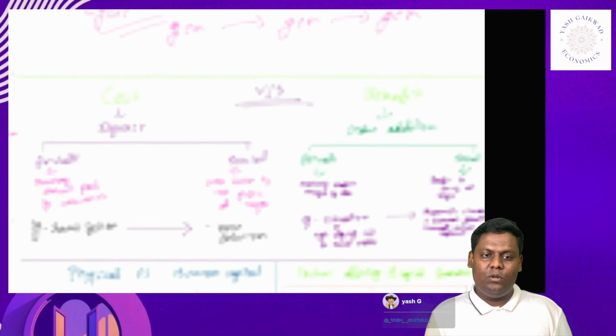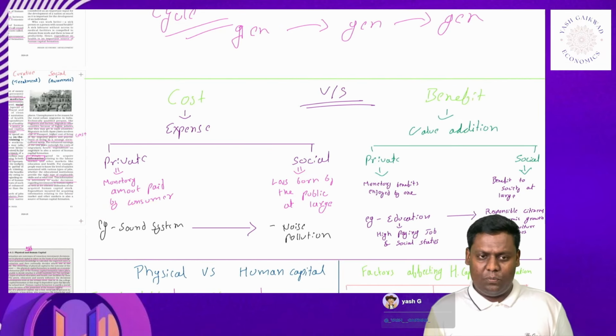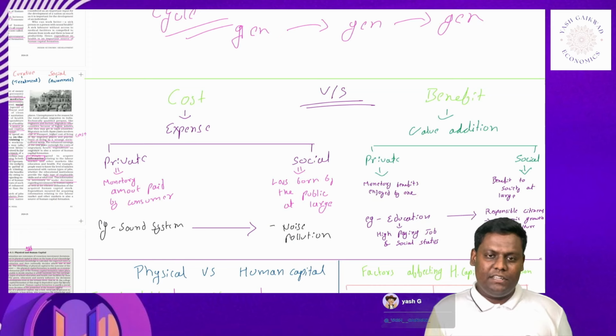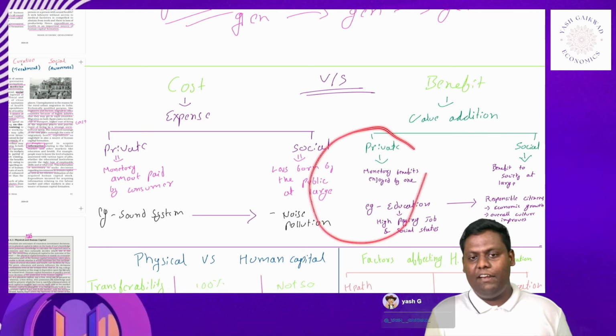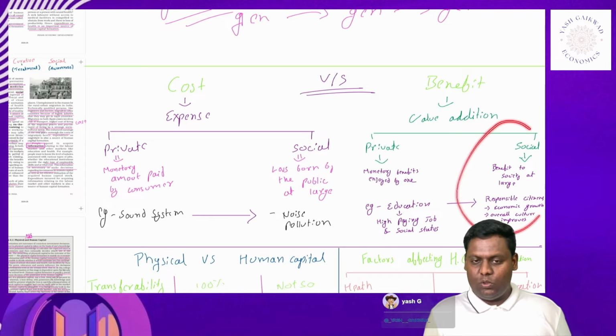And when we talk about physical goods, or the physical capital formation, you will find that the physical capital would generate private benefits, but not necessarily result in any sort of social benefit. However, human capital formation is a process that will not only result in private benefit, but will result in far larger social benefits.